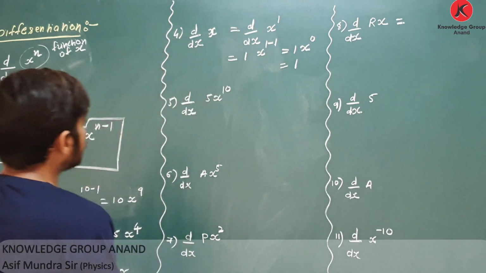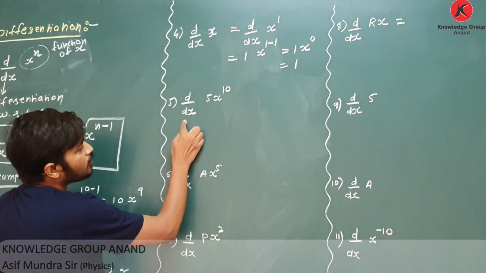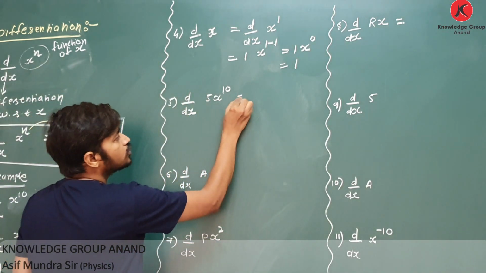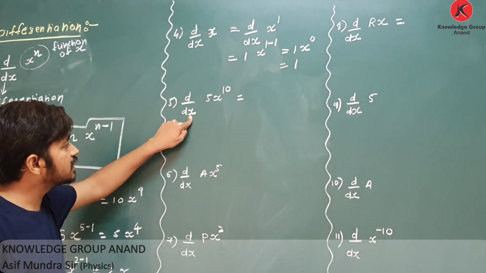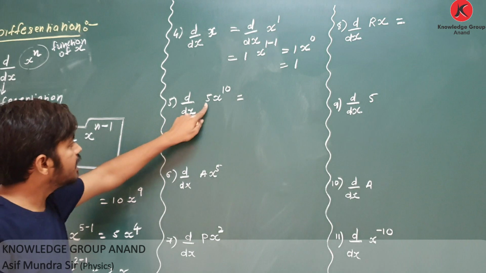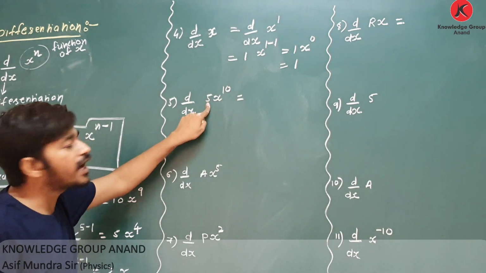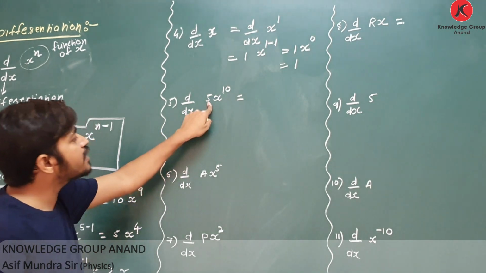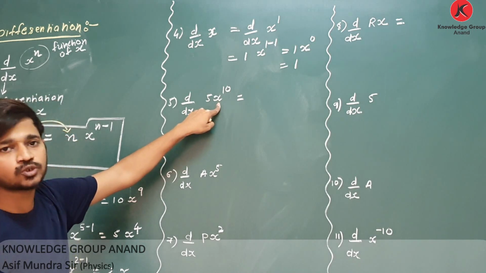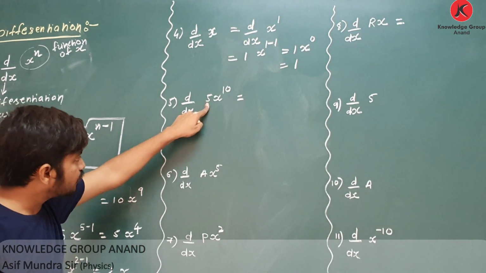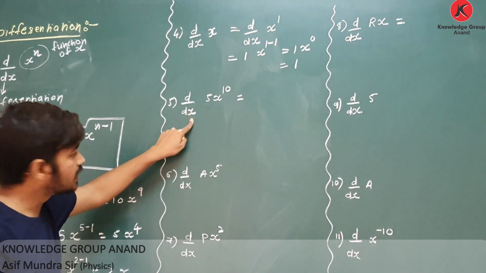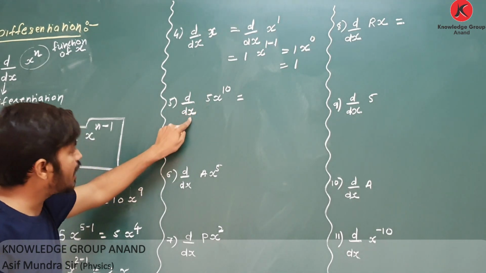Now if you are given a term like this, for example d upon dx of 5x raised to 10. Differentiation is with respect to x. This 5 is in multiplication with the function x raised to 10, and it is a constant. This 5 does not depend on x.